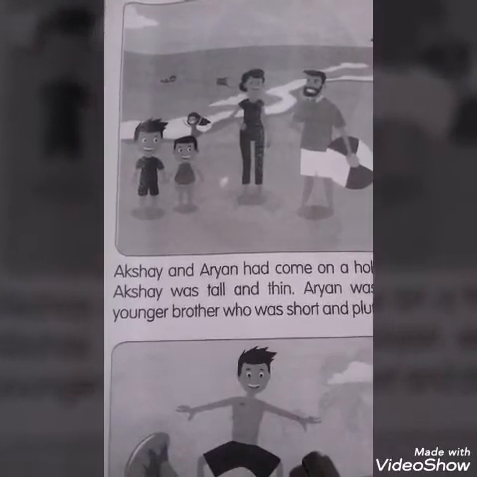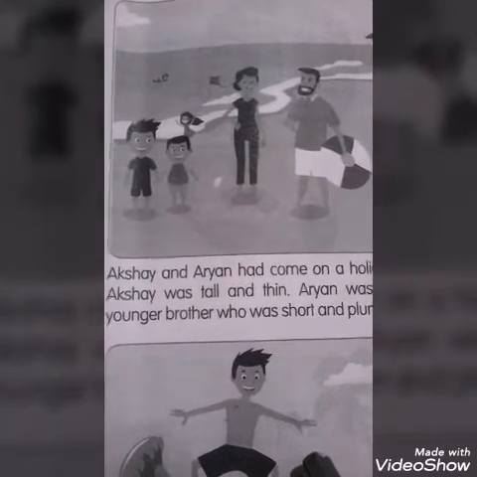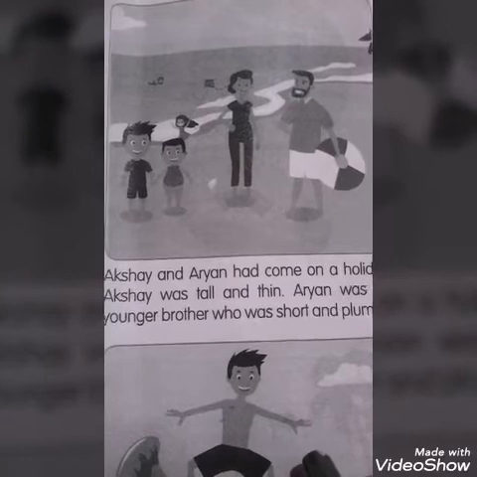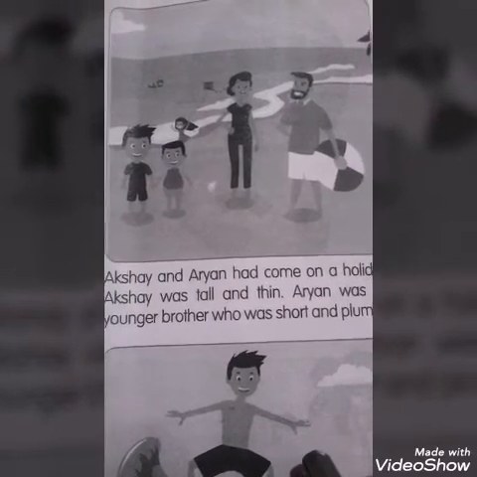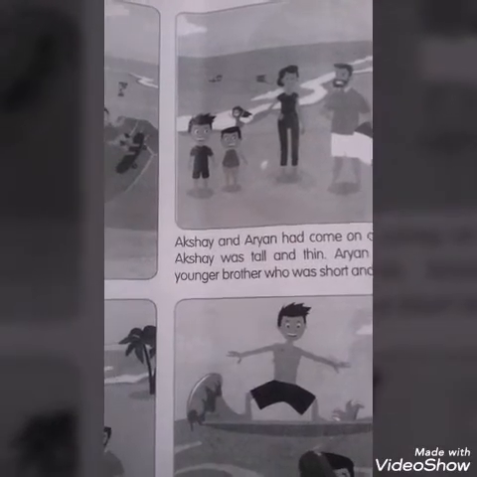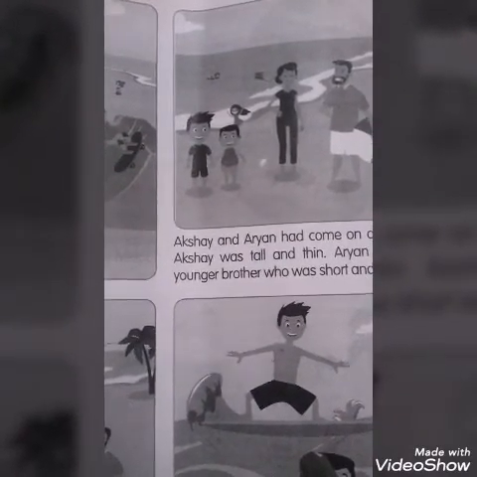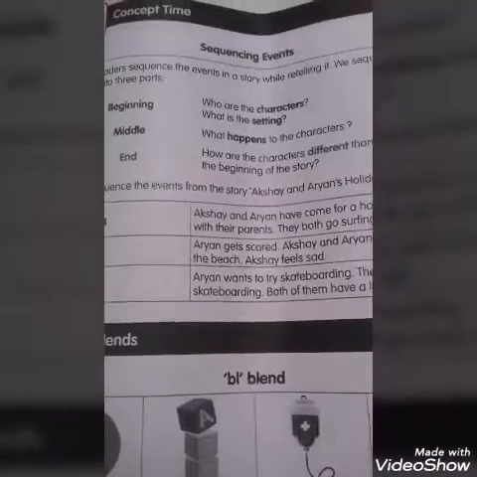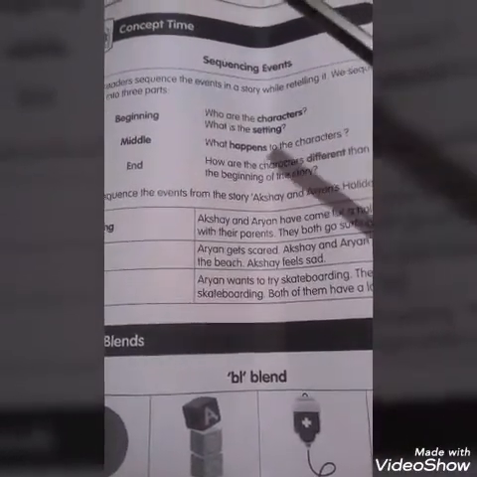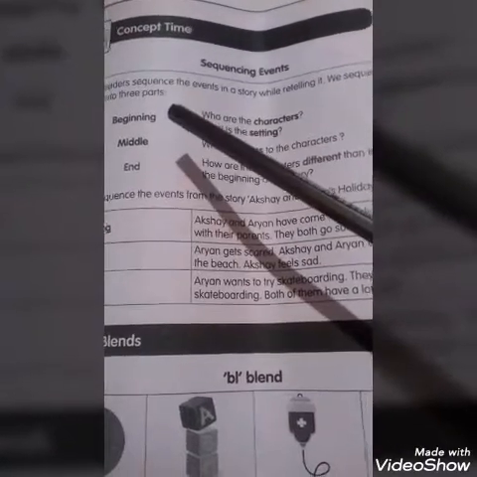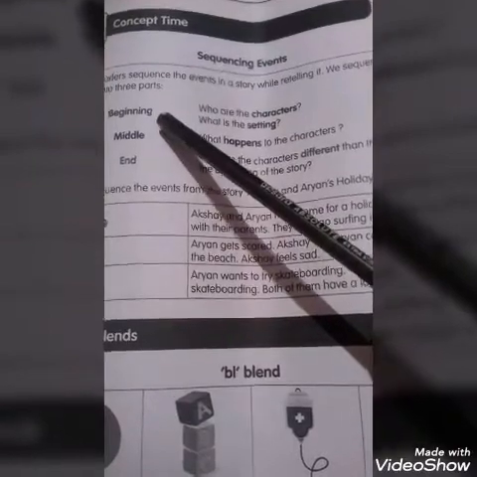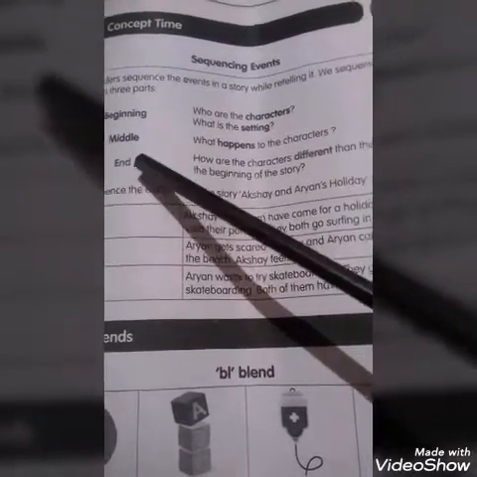Next thing is sequencing events. You have to sequence the events into 3 parts: beginning, middle and end. So, in the sequencing events, you have to sequence the events into 3 parts: beginning, middle and end.